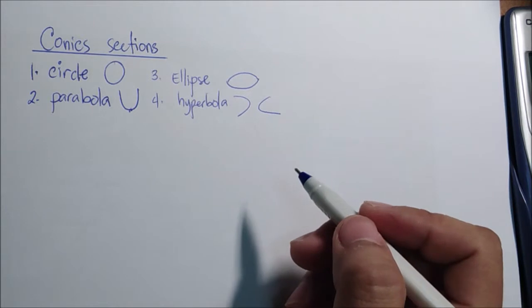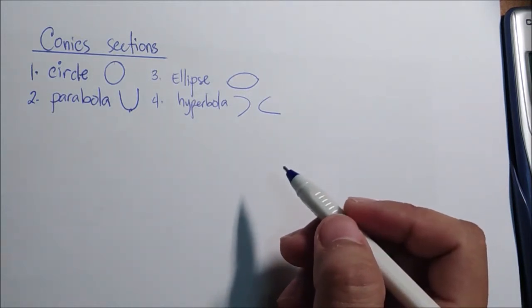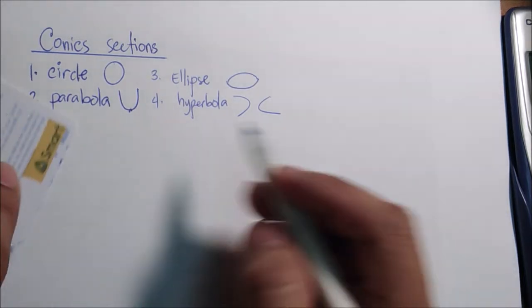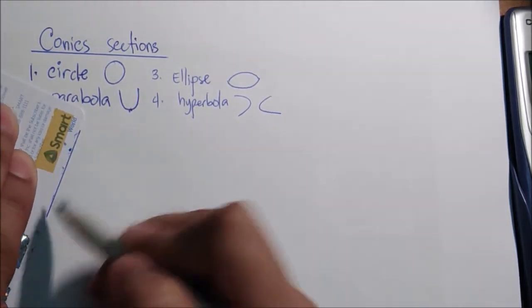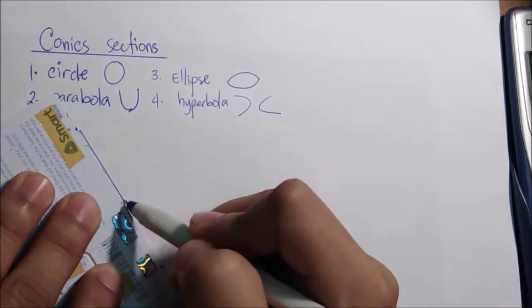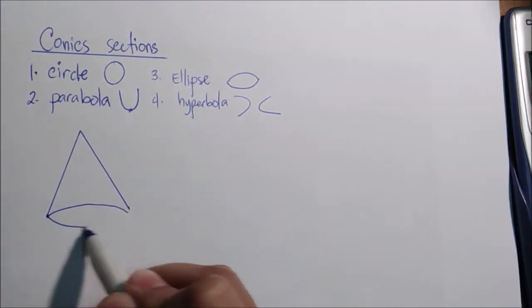It is called conic section because these are sections formed by cutting a cone with a rectangular plane. Supposing we have a cone.